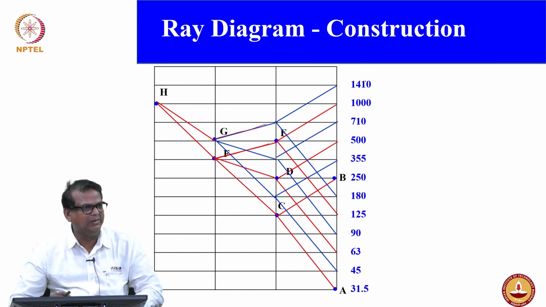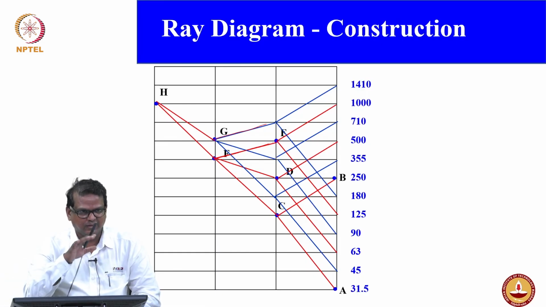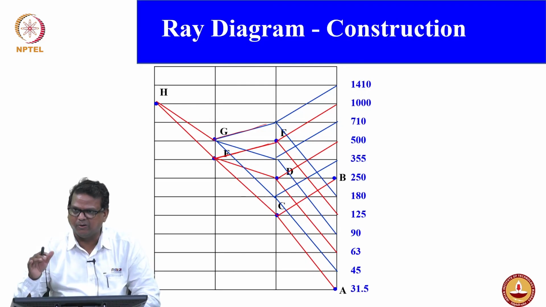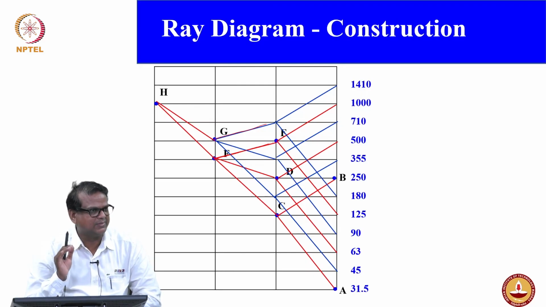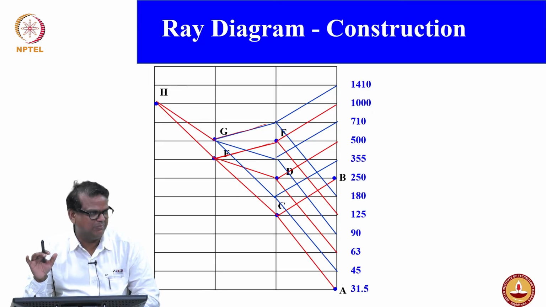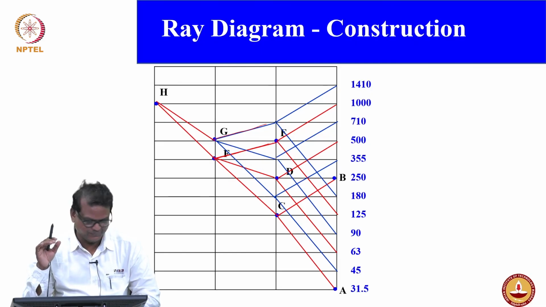So, we have completely filled the 12 speeds distributed in a proper structural formula. Not only that, we also used the optimum I max, the maximum gear ratio, the minimum gear ratio, and n max greater than or equal to n input greater than n minimum. With that, we are able to construct the ray diagram.